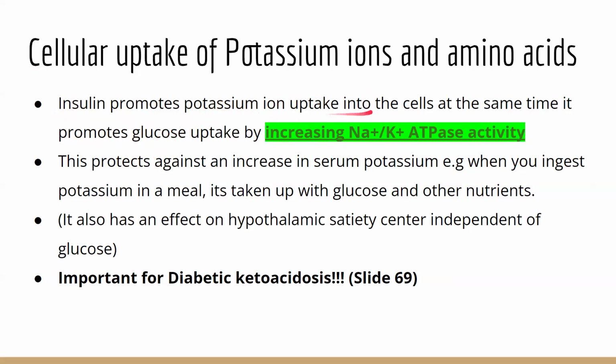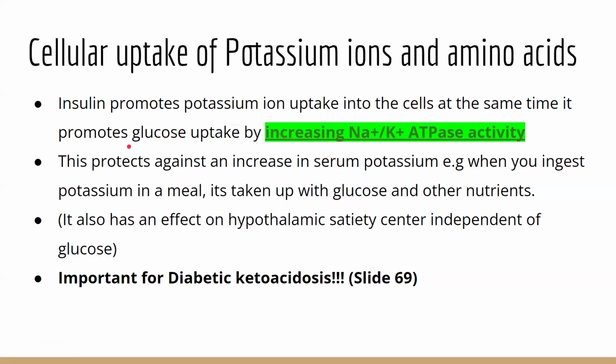Potassium ion uptake is increased into the cells by increasing sodium potassium ATPase activity. You've been introduced and you've been familiar with this channel before, okay? So it's for active transport. Insulin increases this activity, so potassium ions enter more. So yeah, you'll have more intracellular potassium, less extracellular potassium.